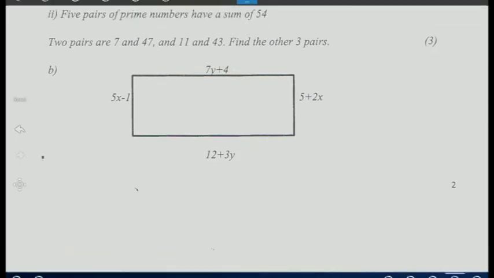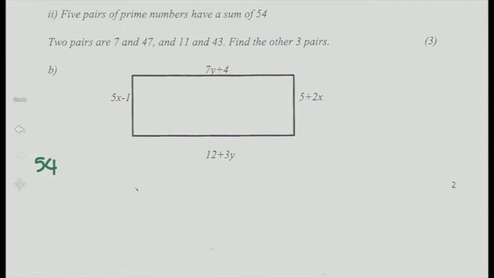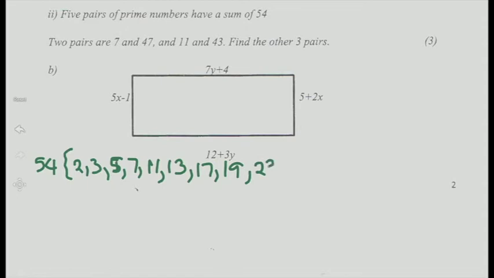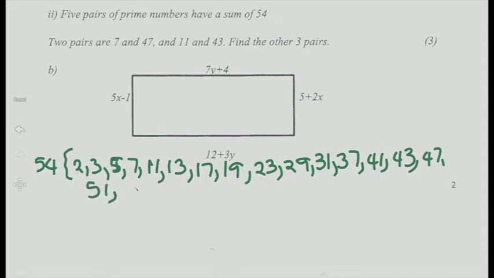So the prime numbers up to 54: 1 is not a prime, so we have 2, 3, 5, 7, 11, 13, 17, 19, 23, 29, 31, 37, 41, 43, 47, 49, 51, and 53. These are the prime numbers up to 54.